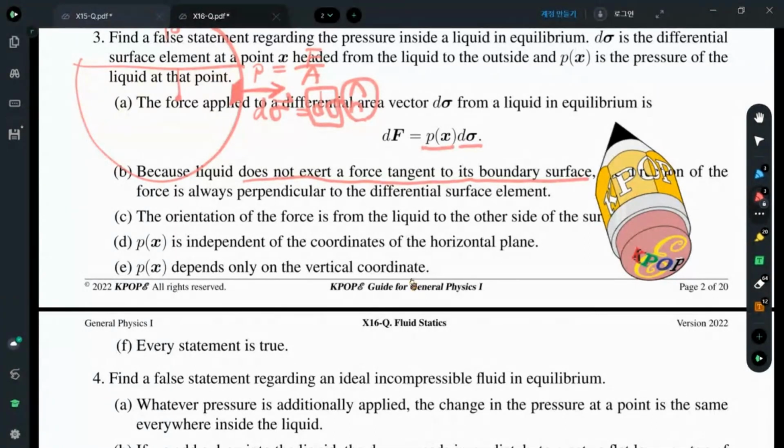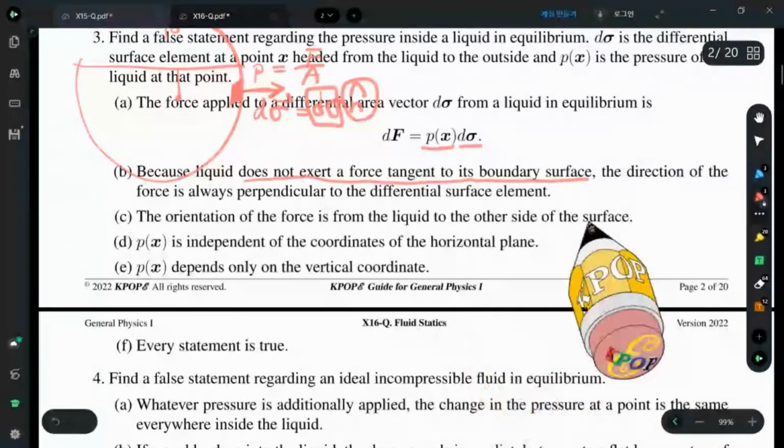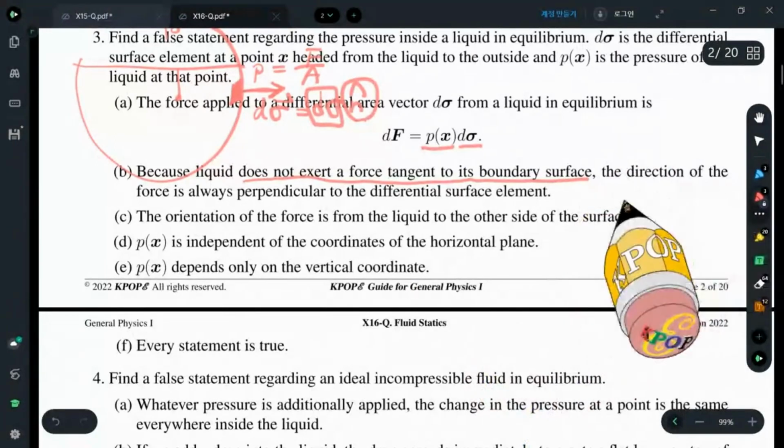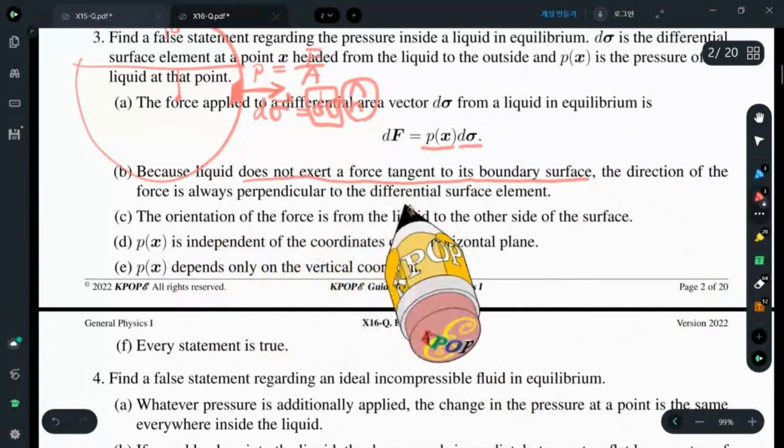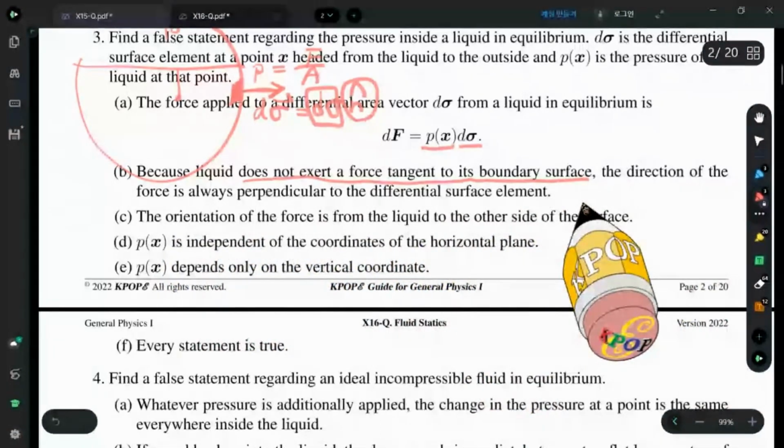That means the strain of the shear stress is infinite. That is quite important. The direction of the force is always perpendicular to the differential surface element.